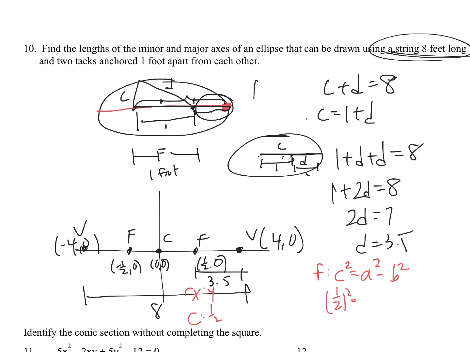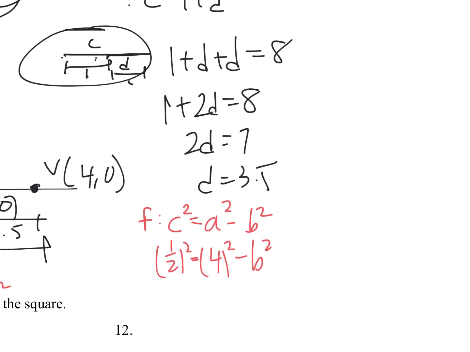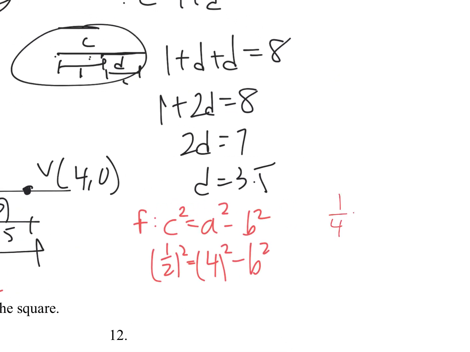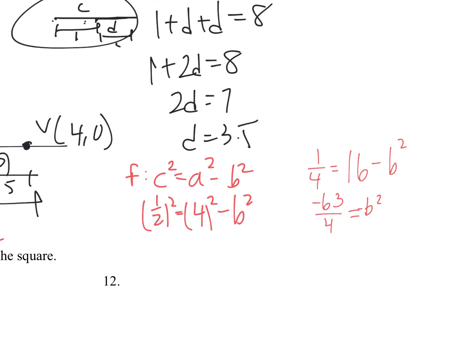So 4 is the major axis, so that would be 4 squared minus b squared. So I get 1/4 equals 16 minus b squared. When I subtract the 16 from both sides, I get negative 63 over 4 equals negative b squared. Cancel out the negatives, 63 over 4 equals b squared, and therefore b equals root 63 over 2.